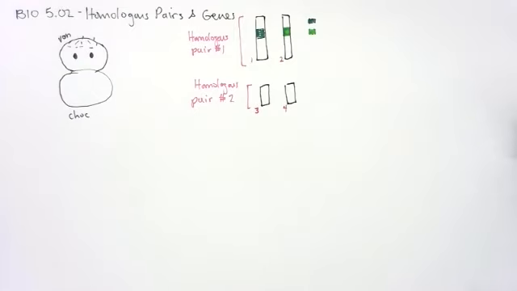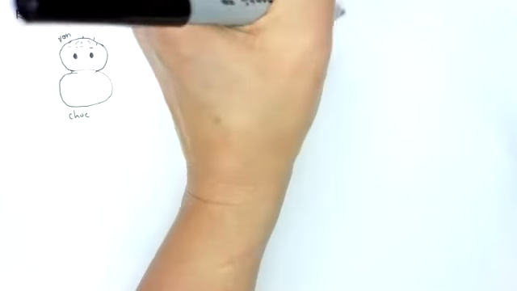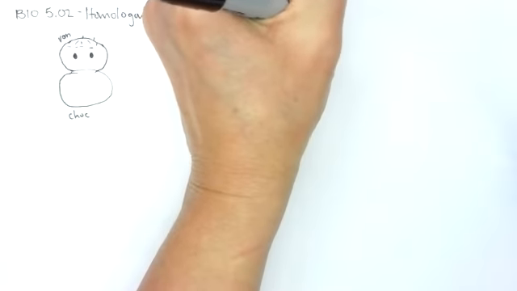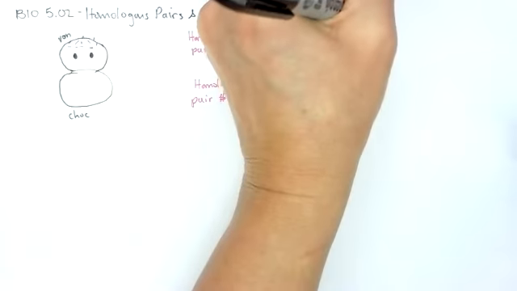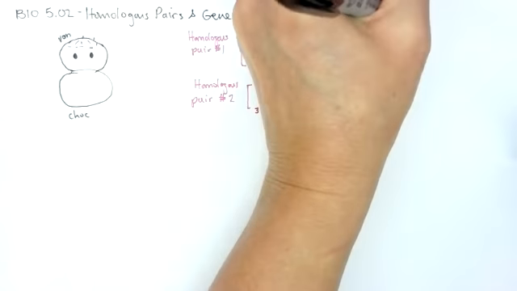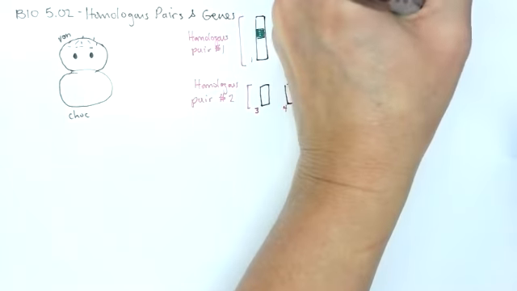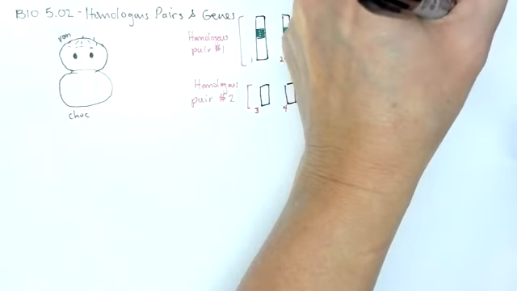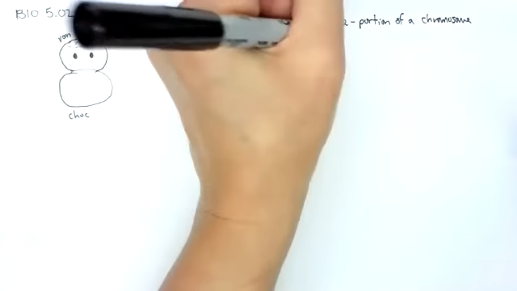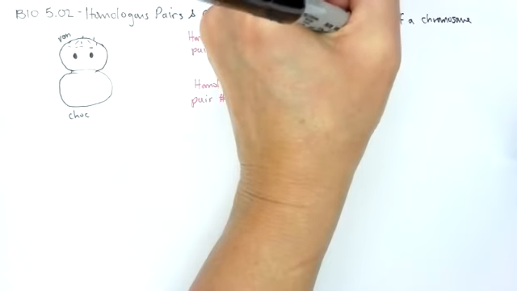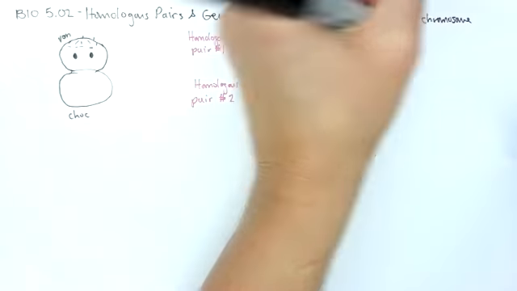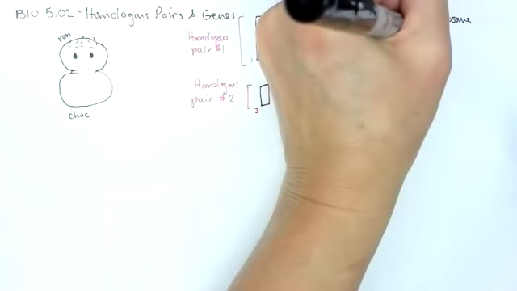This is the first time we're using the word gene. A gene is a portion of a chromosome that has the code for a specific trait.